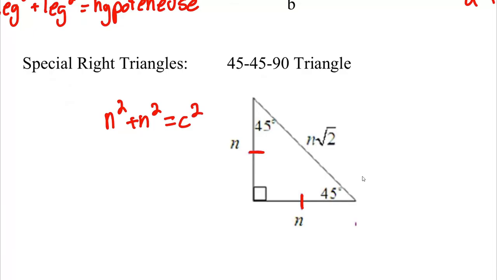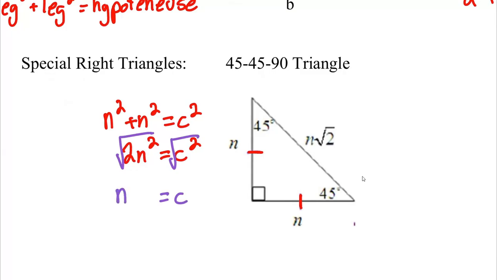So we get 2n squared equals c squared. What would I do to solve for c? Square root. When I square root, that n squared will go away, and it'll just be n. But what happens to that square root 2? Does it simplify? No, so it'd just be n times the square root of 2.